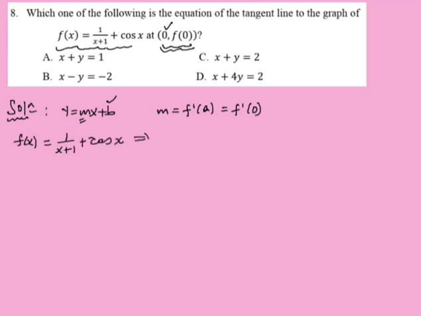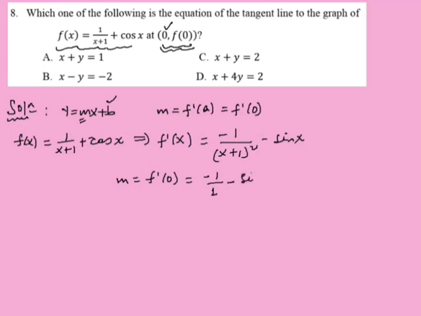This implies our derivative becomes minus 1 over x plus 1 the whole squared minus sin x. Therefore our slope m becomes f derivative at 0, which is minus 1 over 1 minus sin 0. But sin 0 is 0. Therefore, f derivative at 0 is minus 1.